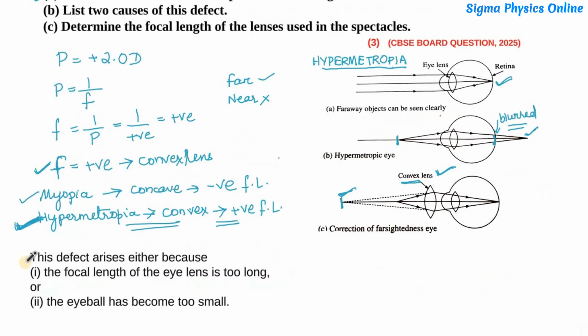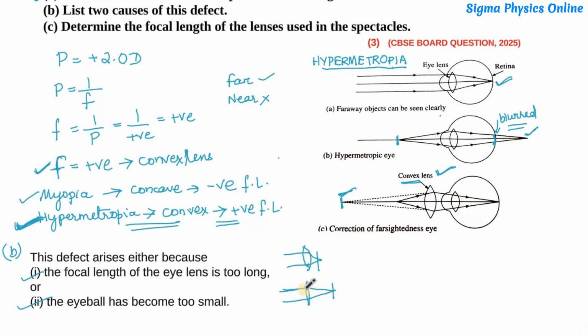Now let's see the reasons for this defect. The reason for a hypermetropic eye is either that the focal length of the eye lens is too long, or the eyeball has become too small. Now if the focal length of the eye lens is too long, what happens? If this is the normal focal length of the lens, it focuses, let's say, the image here. Now if this lens is elongated or the focal length becomes larger, then the image will be formed at a farther distance.